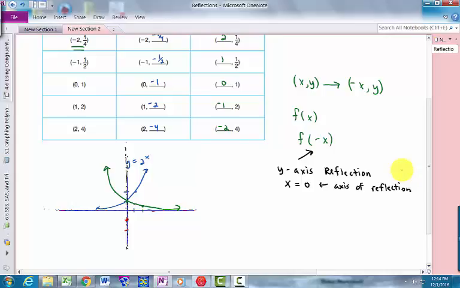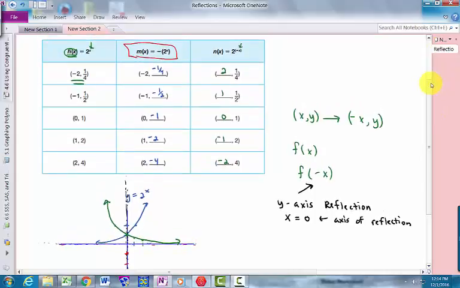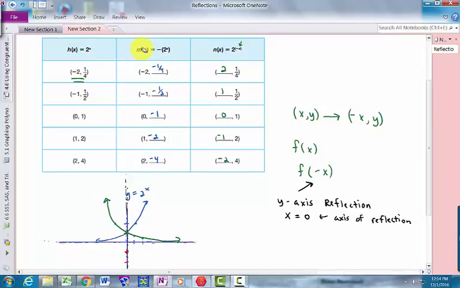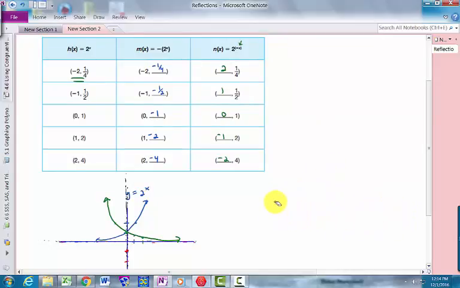Okay, so let's just kind of recap these. Let's put all of these together. So we started with h of x. And then first of all, we got m of x. To get m of x, we took h of x and then we attached a negative to it outside.